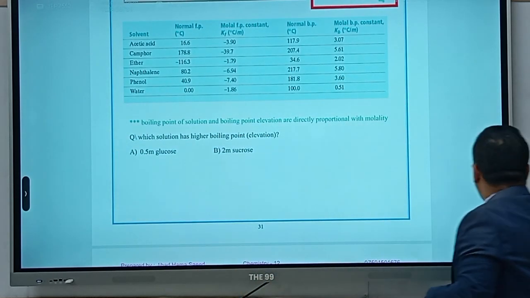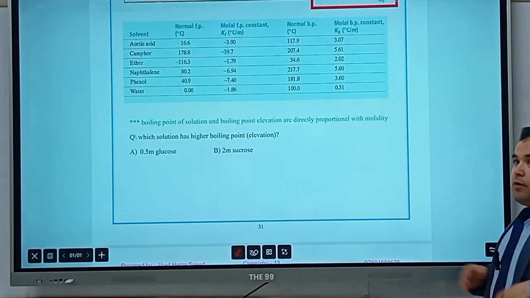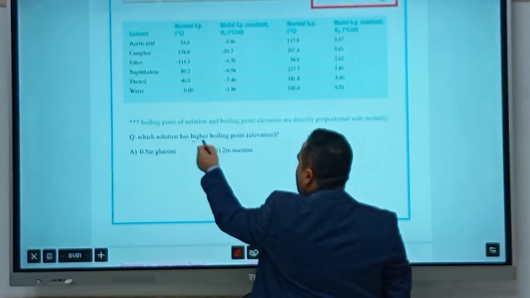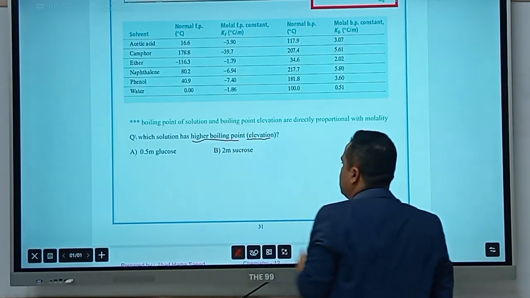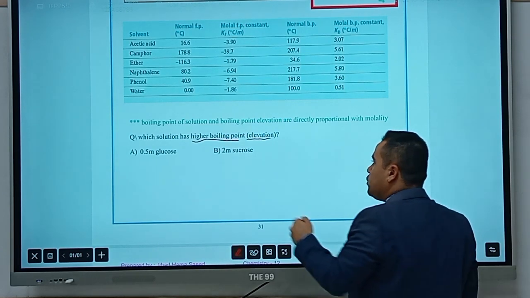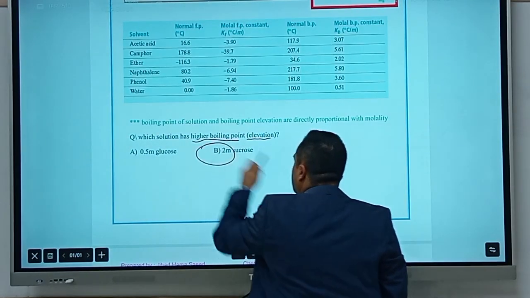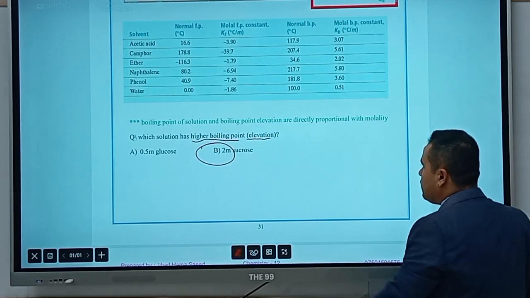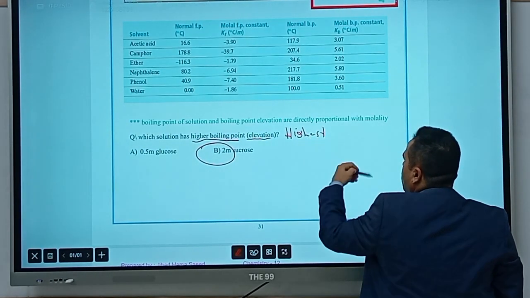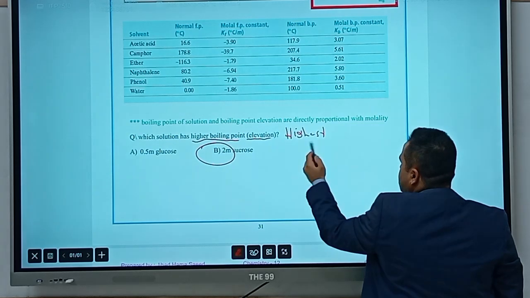We said the boiling point and boiling point elevation are directly proportional to molality, so let us answer the question: which one has the higher boiling point or boiling point elevation? The higher one is 0.52, so the second molality. So guys, use this to answer the first type of questions.